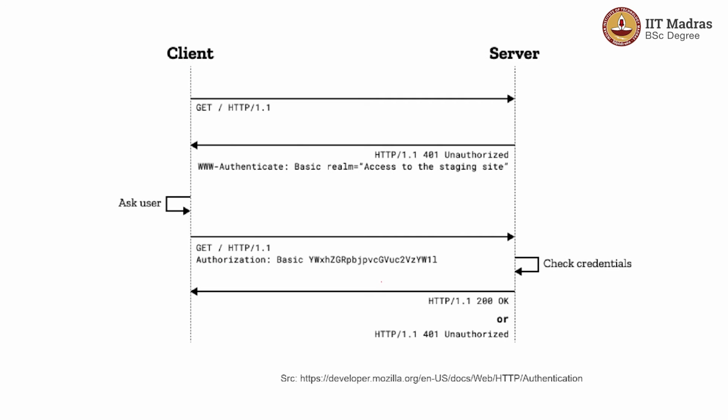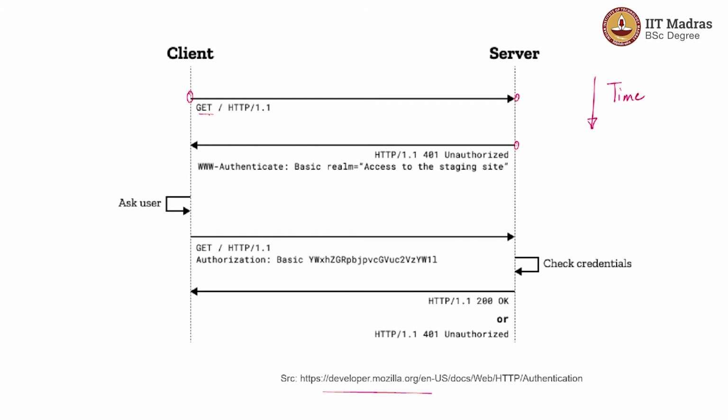Now this is an example of the back and forth that would happen, and it's from the Mozilla Developer Network. The client initiates the conversation. It gives a GET request to the server, and the server responds. The axis here is time; it shows, as time progresses, the requests that are sent back and forth.